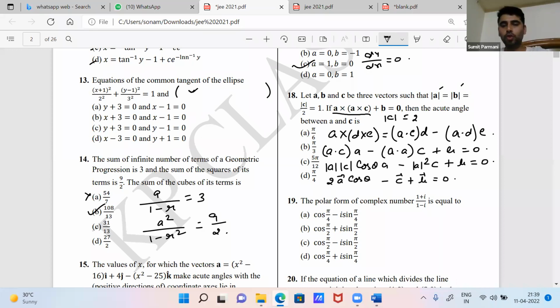Done. So, okay, the acute angle between a and c. We have to find the acute angle between a and c. Okay, this is the angle between a and c already, cos theta.